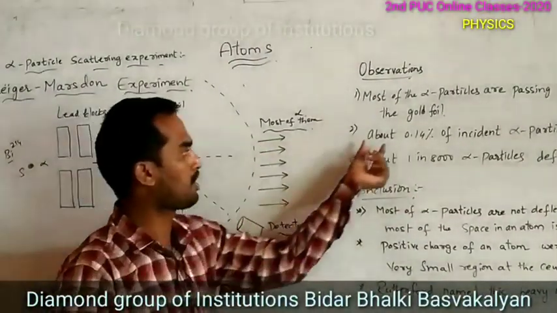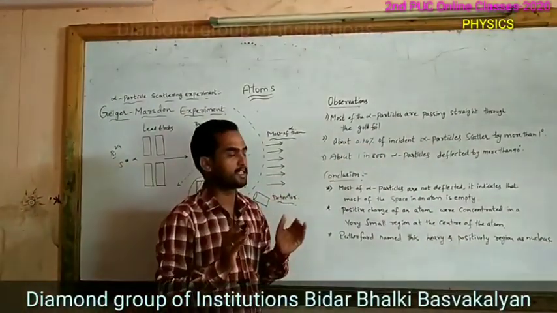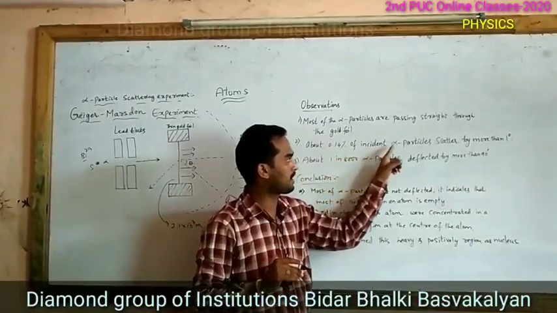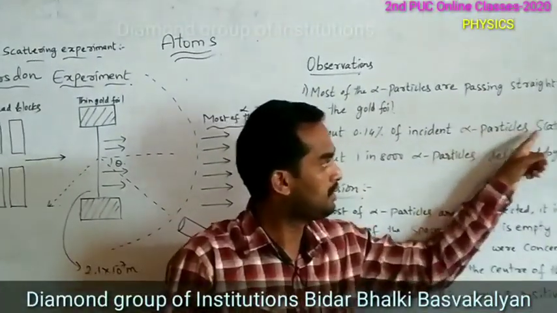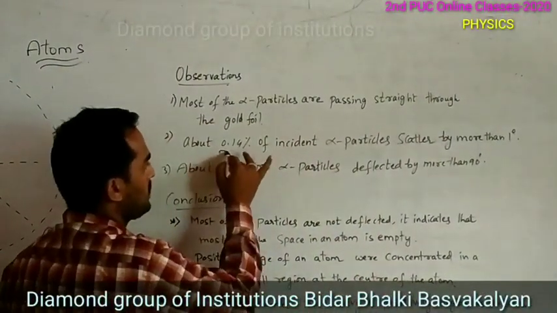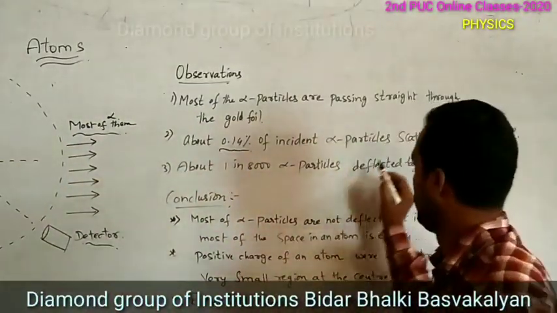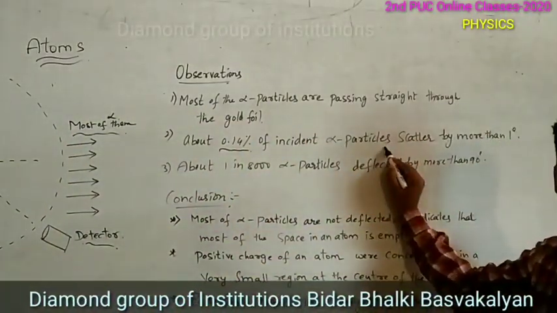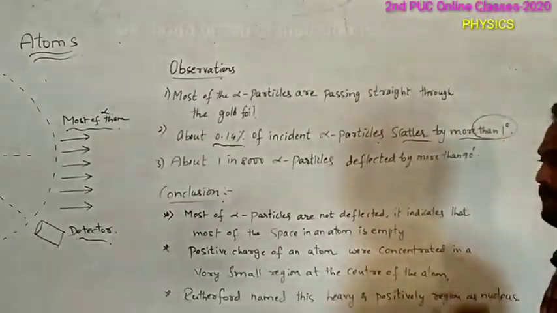Next, about 0.14%, a very small percentage of alpha particles incident on the gold foil screen, are scattered by more than 1 degree. So how much percentage? 0.1% of alpha particles passing through the gold foil screen are scattered by how much? 1 degree.